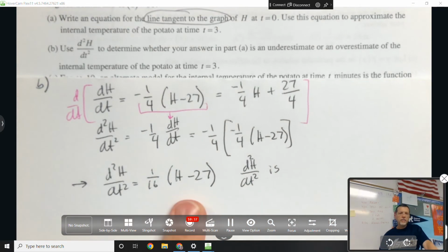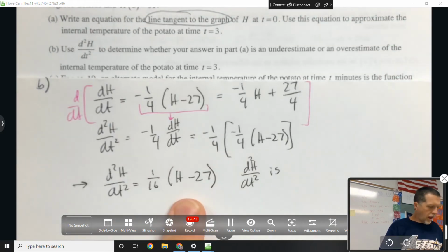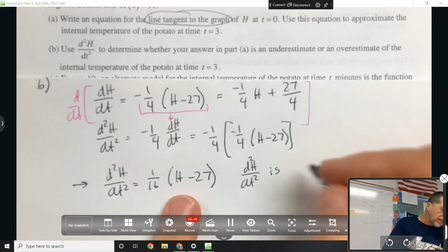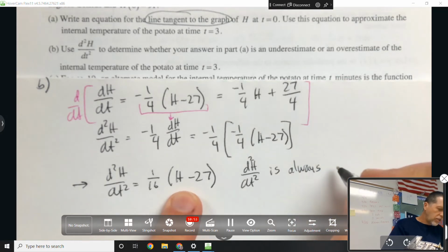At 3, the temperature was 43. At 0 it is 91. In fact, they said that h was always greater than 27. Now I know why they said that. So the second derivative is always positive.